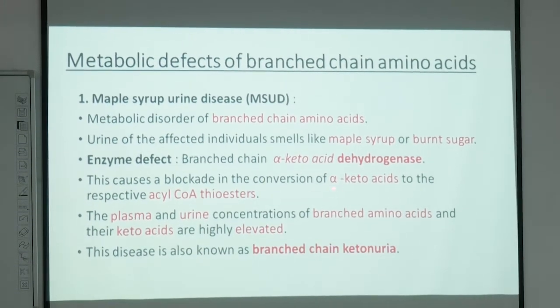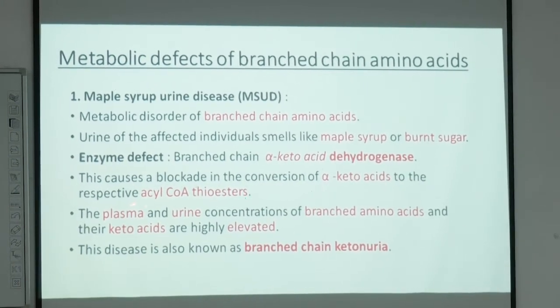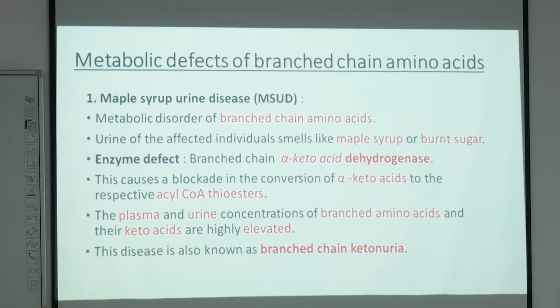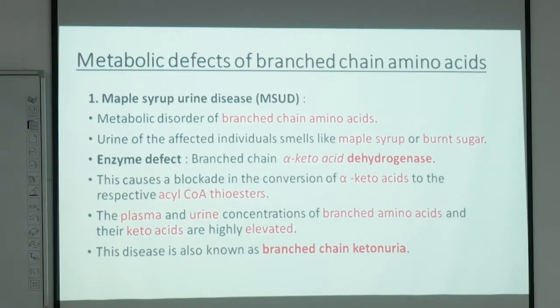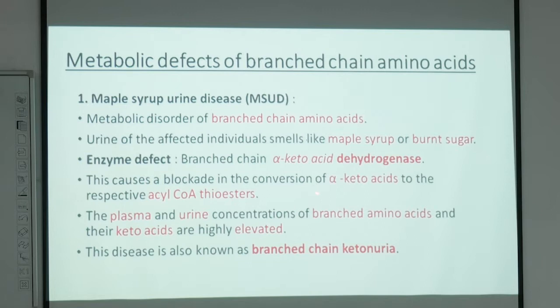In the second step, the conversion of alpha ketoacid to acyl CoA thioesters is blocked. When the amino acid is not being metabolized, its level in the blood will increase and also in the urine. And as the metabolism is stopped after the step of alpha ketoacid, this disease is also called branch chain ketonuria.